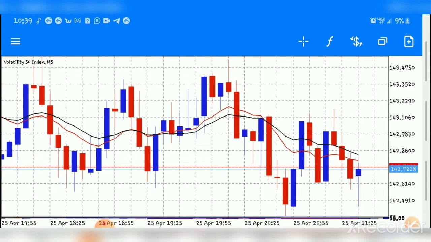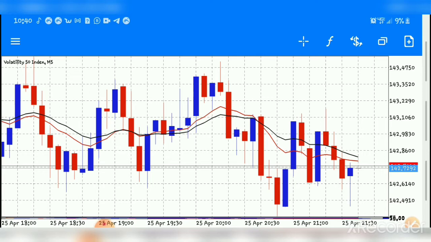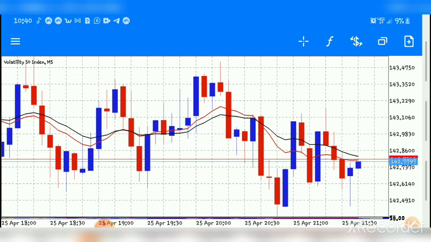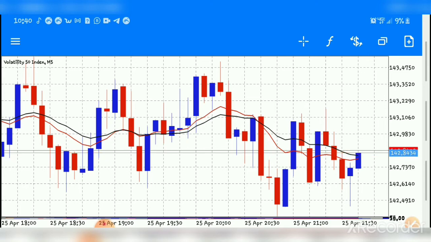So you have to first check the lowest lot size, so you don't go and set a lot size that can hurt you. If you are using 0.3 for volatility 100, that one is on the high side. You must know the lowest lot size for each before you start trading.